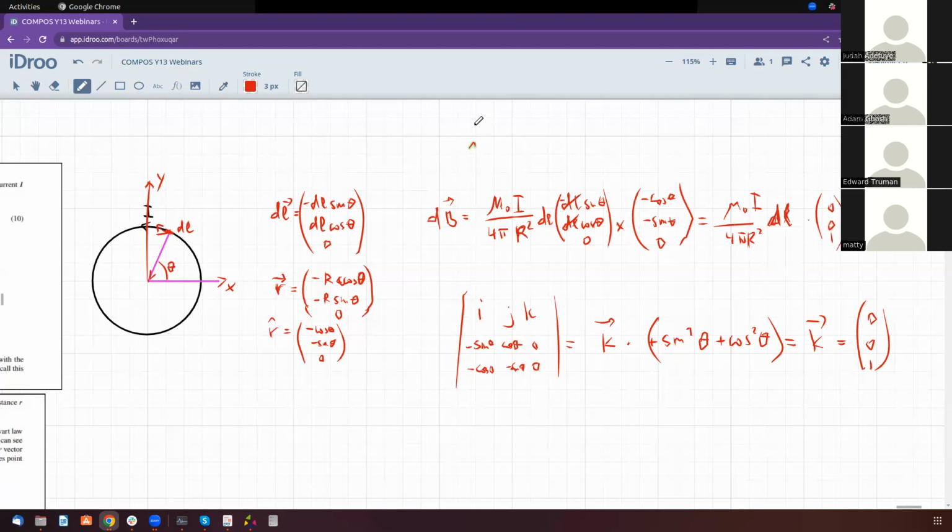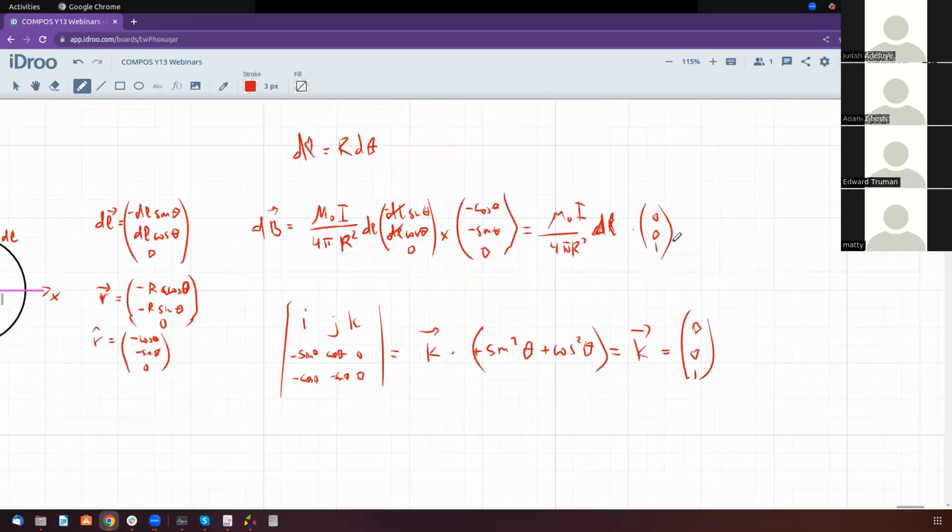And then we can remember that dl is in fact equal to r multiplied by d theta, by the angle, because this is the length of arc. So that's equal to mu0 I over 4 pi r squared, r d theta, and then multiplied by 0, 0, 1.